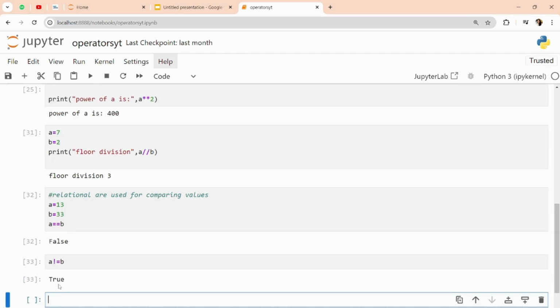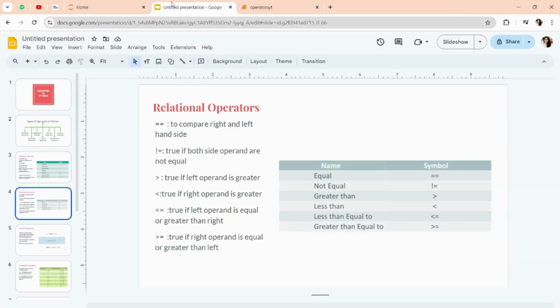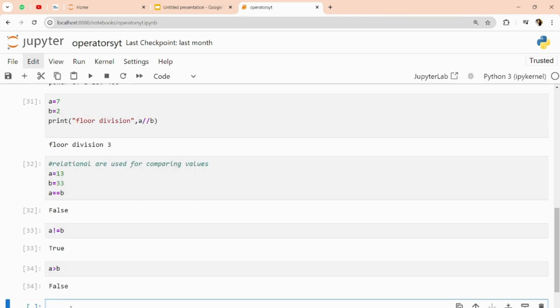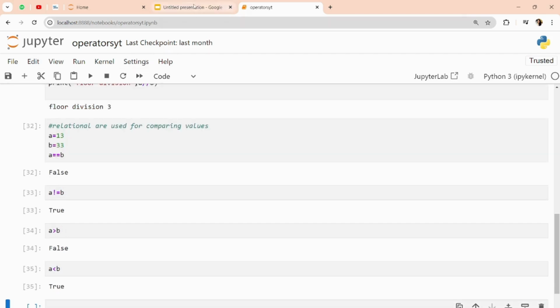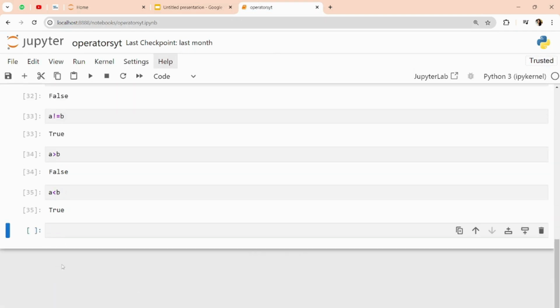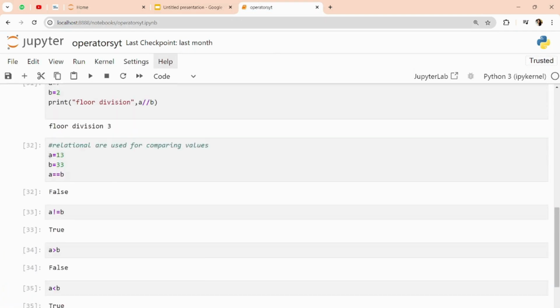Now let's check another operator, that is greater than. Is A greater than B? Is 13 greater than 33? No, so it will give you false. If A is smaller, it's true. Now let's take greater than or equal to, and less than or equal to. Let's take the same values here.